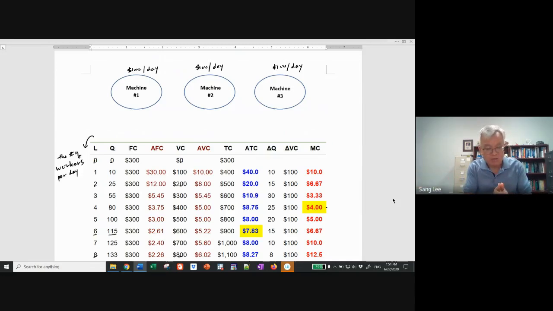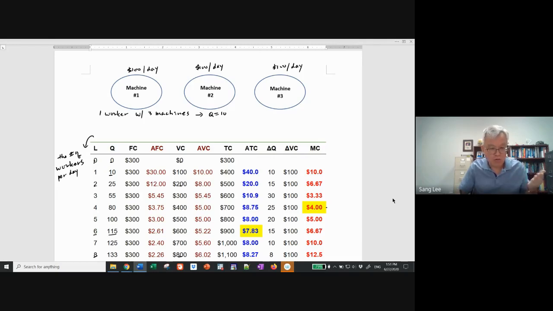Then at any moment, 2 machines are not in use. Okay, so you can produce, let's say, only 10 units. So 1 worker with 3 machines, you produce only 10 units.